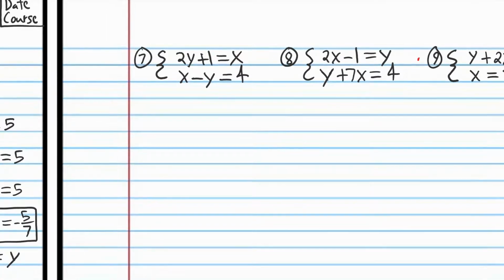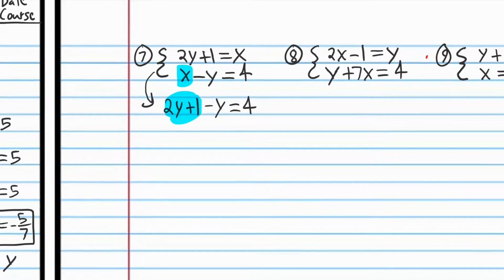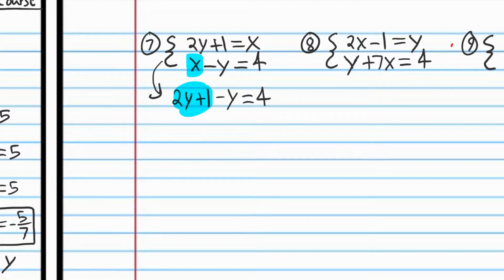All right, we're back. So x is solved for in this equation, so we're going to use the other equation. And instead of x, we're going to write 2y plus 1. So instead of x, we wrote what x equals. And so now we just have to simplify this equation. 2y minus y is equal to y.